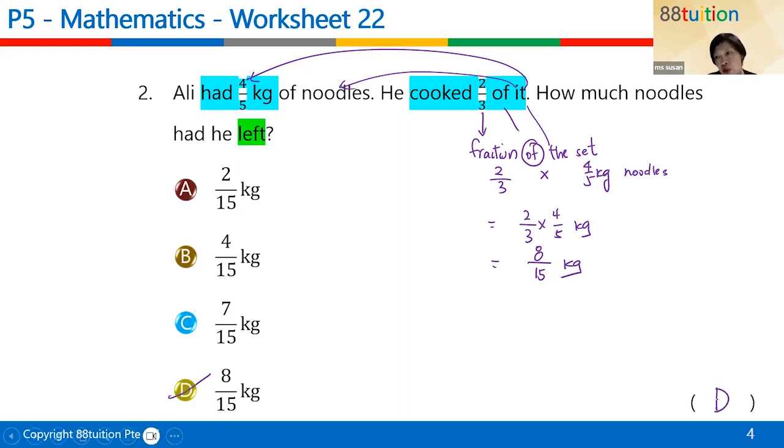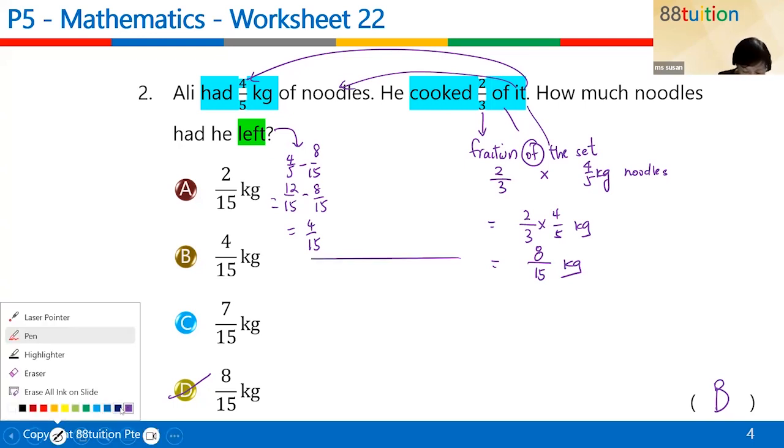So this is for option D. Wait. You know fraction of a set, he wanted the left. I almost forgot. So you use your 4/5 minus what is being put. There's a shortcut to it, later I show you. You get 4 out of 15. Why 4 out of 15? Because he wanted left.